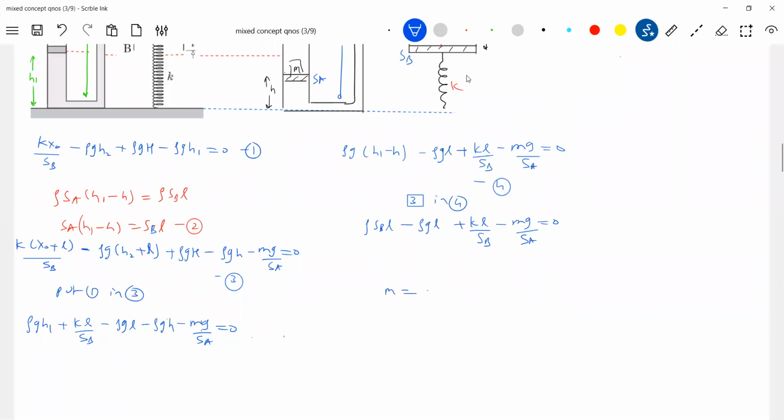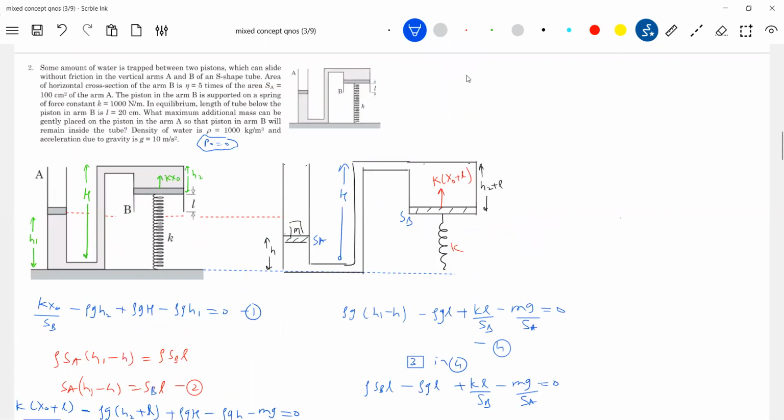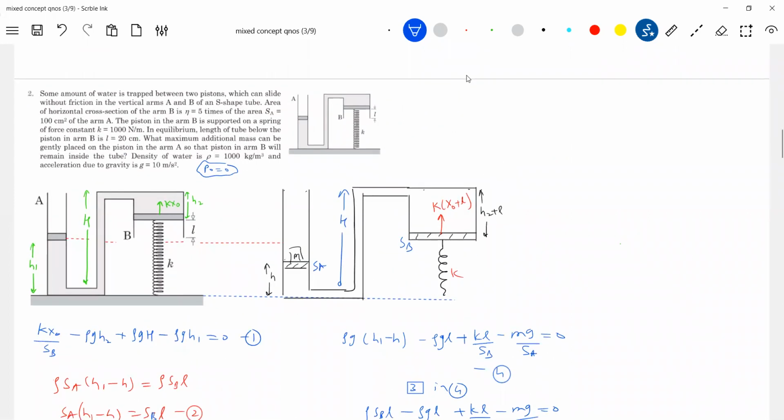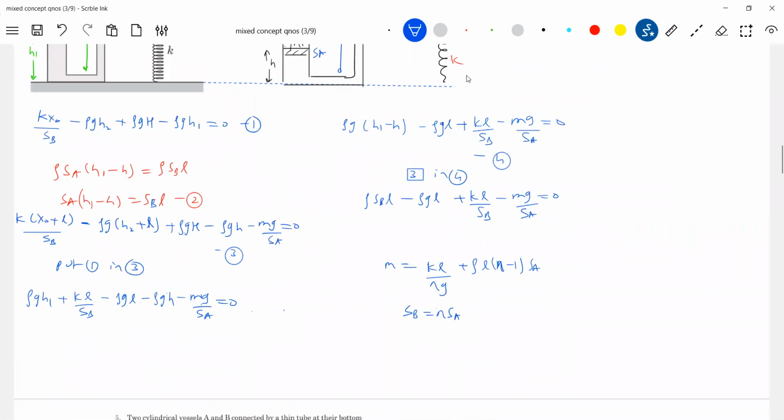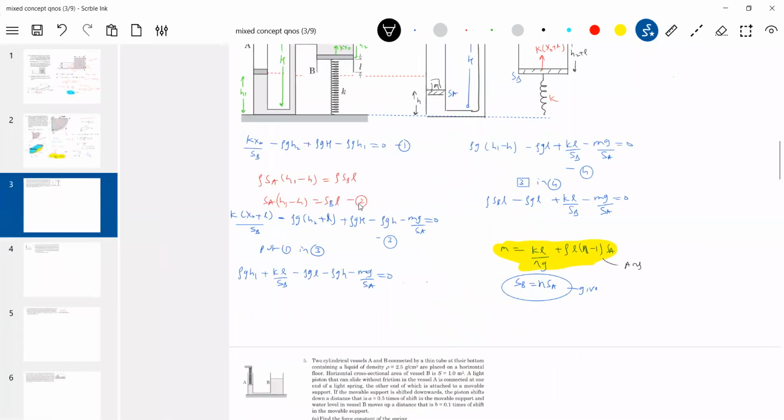So the final answer I'll write: KL eta G. SB equal to eta times SA; from there that eta will come. This is given, and this will be our answer. Manometric equation. I don't think there is anything very big with this problem. It's all about writing the manometric equation. I'll show the total problem. Okay, wait.